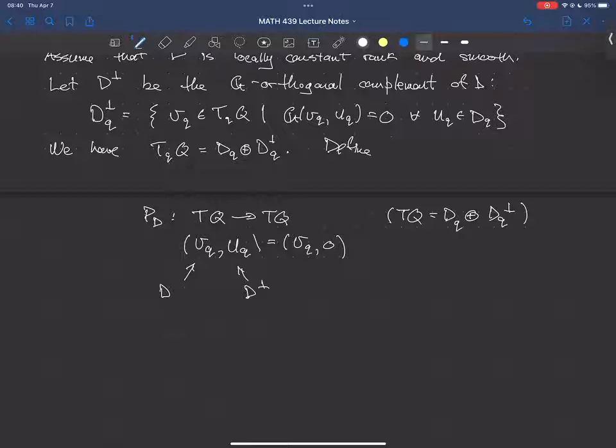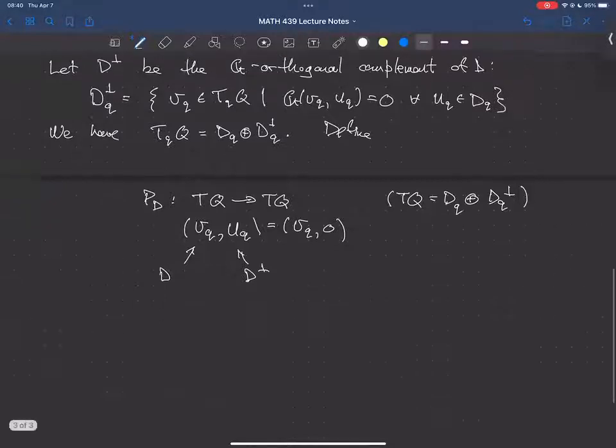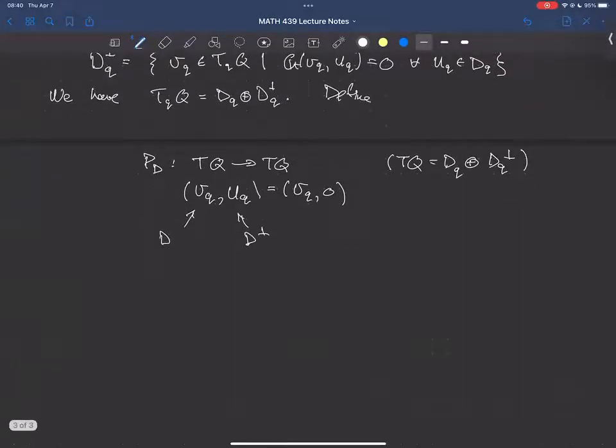And then you have to express every vector as a linear combination of the vector fields in D and the vector fields in D perp. And then once you've done that, and that's going to be ugly, okay, then you cancel off the parts that are in D perp, right? So calculating this thing is not just as easy as I kind of write it down on the page there, okay? But certainly, in principle, it's not a hard thing to work with.